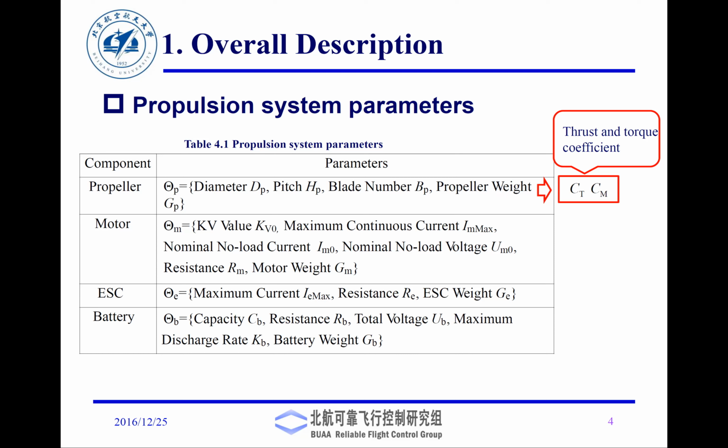But as far as we are concerned, we are going to model the ESCs with some sort of resistance, capacitance, inductance type of network. And at the end, we are going to have the battery. The battery would have a certain discharge rate, which is called the C rating. It will also have some weight. It will also have the total voltage, and the total capacity, so the amount of energy that is stored in the battery.